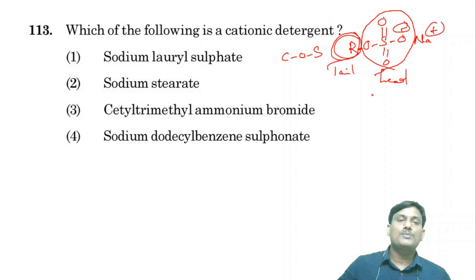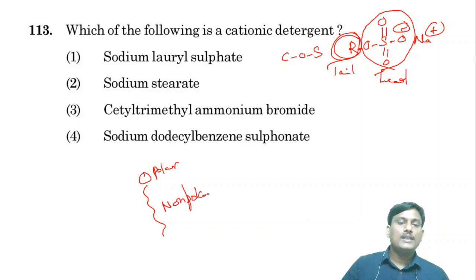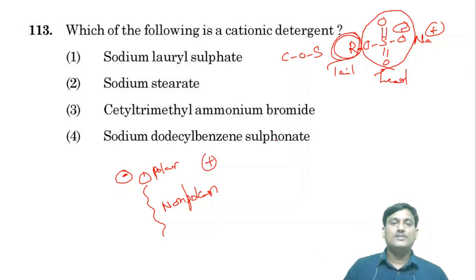In any detergent or soap molecule, we have a head, which is polar, and a tail, which is non-polar. If the polar head is negative, it is called an anionic detergent. If the polar head is positive, it is called a cationic detergent.